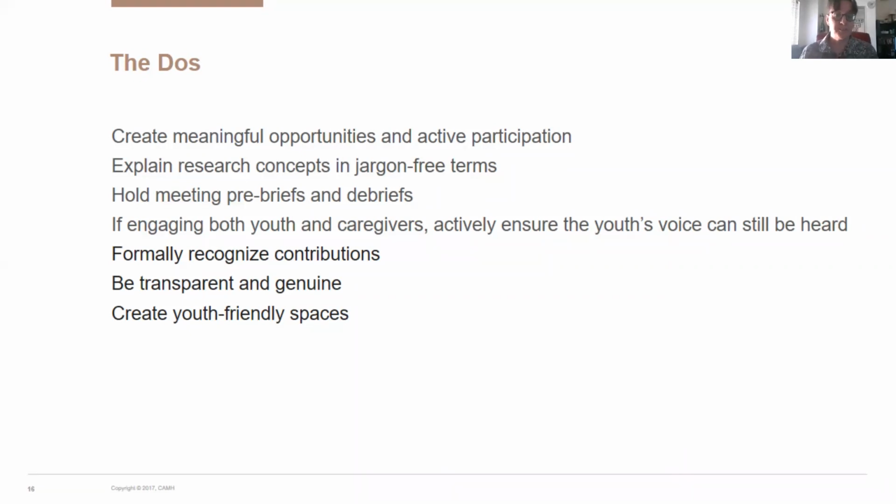Explaining concepts in jargon-free terms. When we bring them to our core team meetings or our measure selections meetings, measure selection is a world of acronyms, and we're talking about Cronbach's alphas and test-retest reliability, and all these terms. We need to work through those and make sure our youth understand what it is we're talking about so that they can contribute actively.